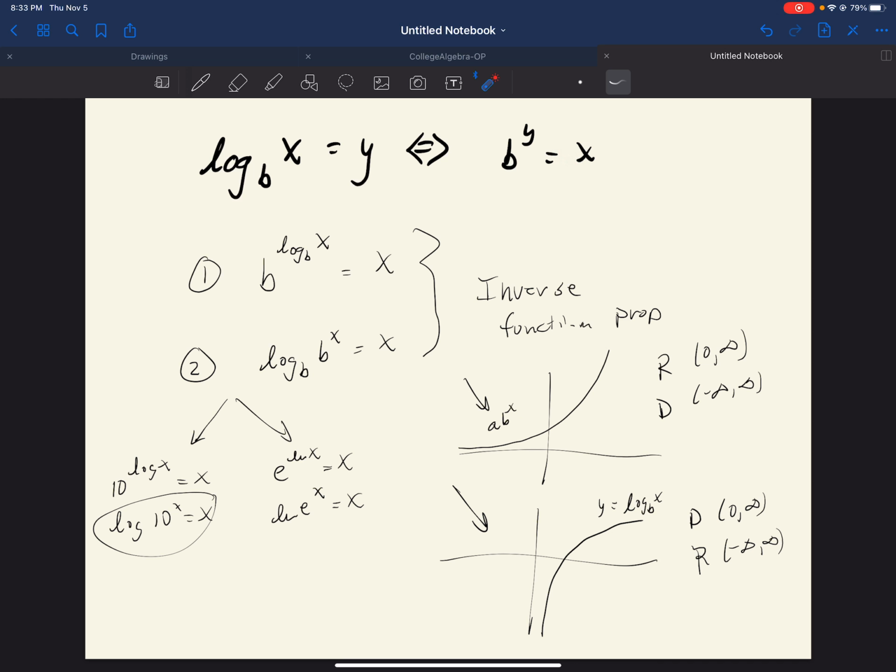And so it is very, very useful. And not so much if you're asking 2 to what power is 8, because we know 2 cubed is 8. But 2 to what power is 7? That's a whole different story. But logarithms come to our rescue and save the day.